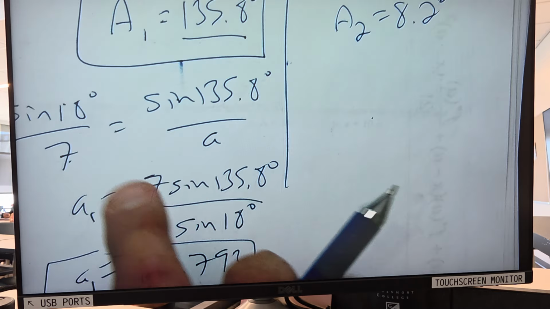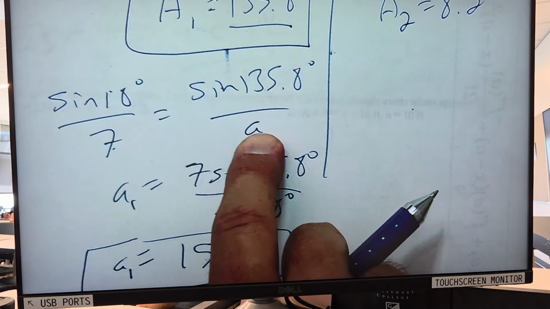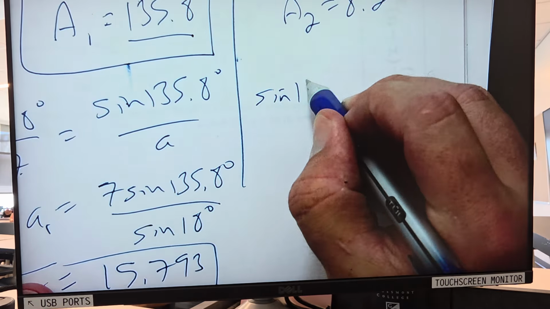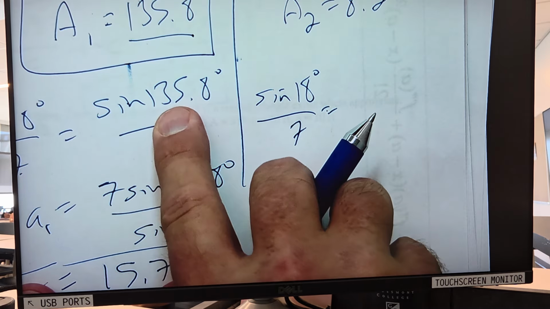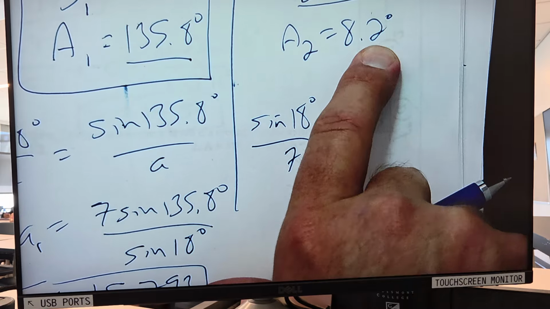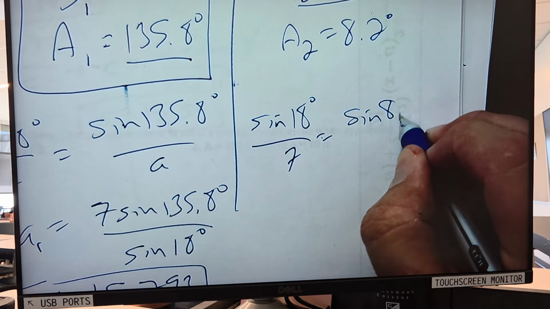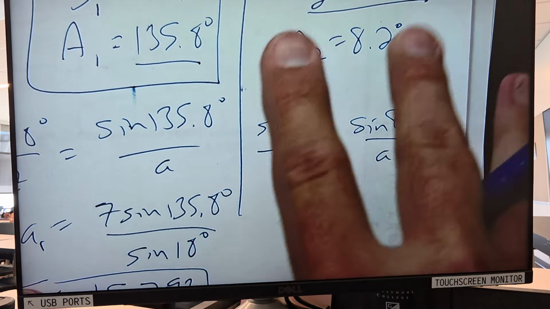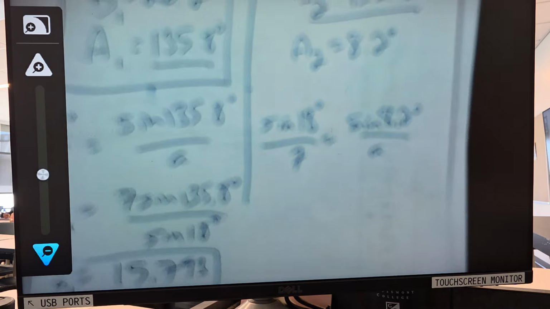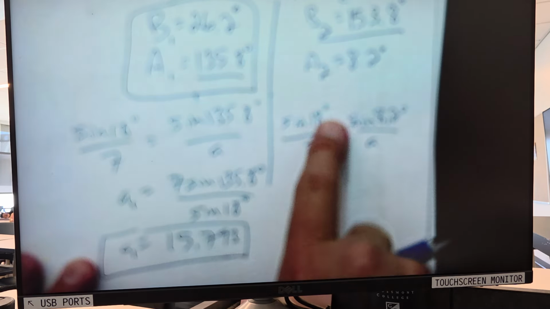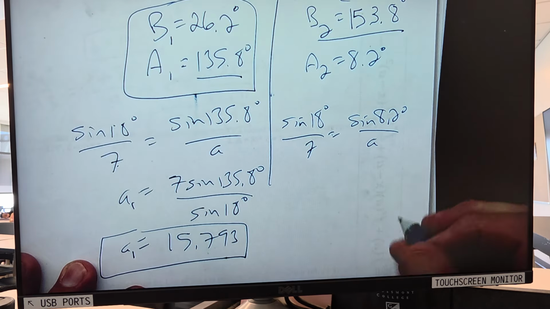Okay. How do I get side A? Same as before, except now instead of this angle, I'm going to put that angle. It's kind of silly. I have double the work, but it's the same steps for the second triangle.